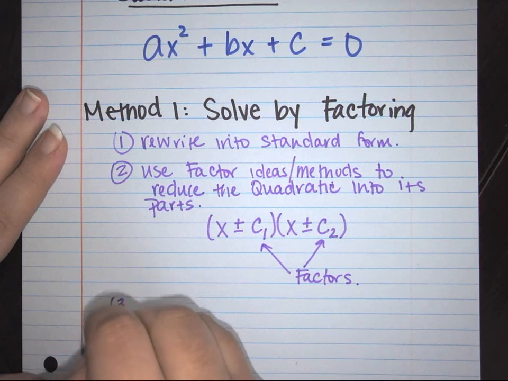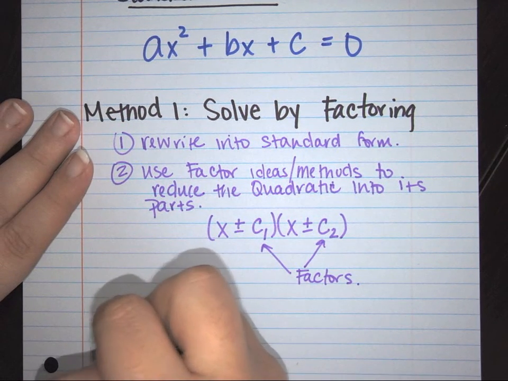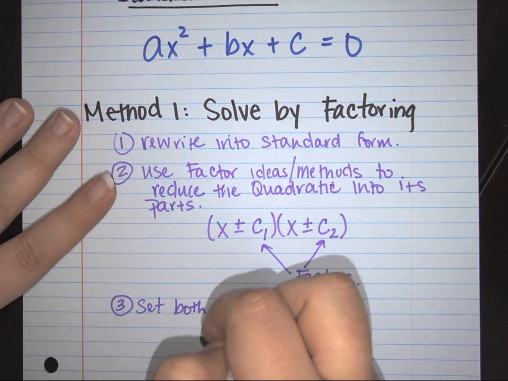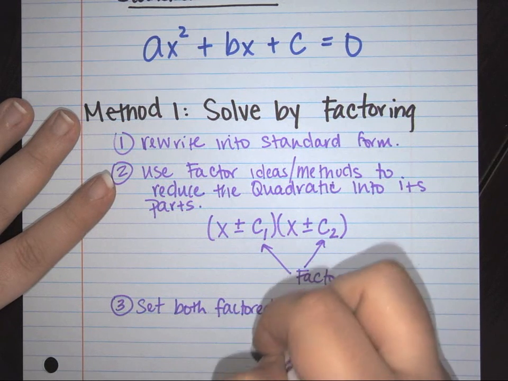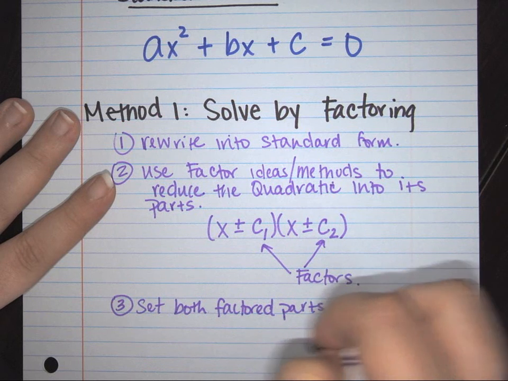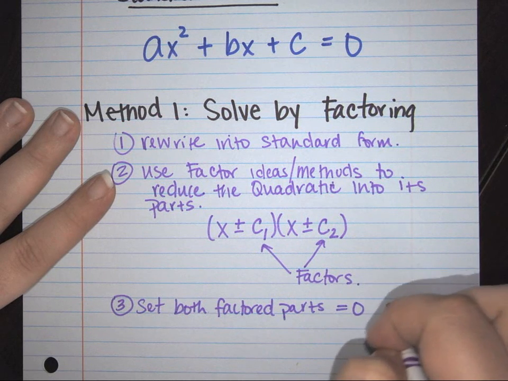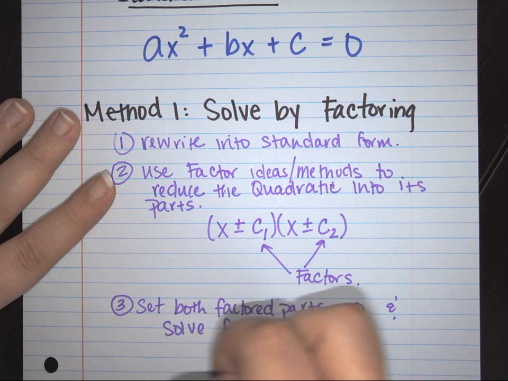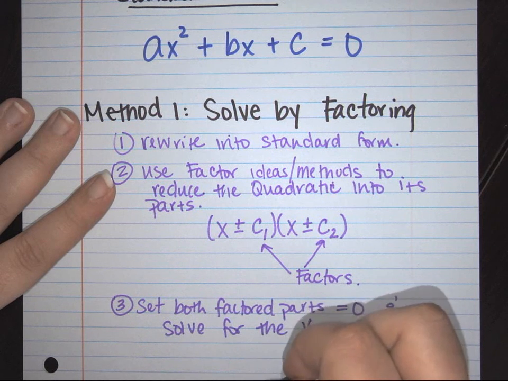Once you do that, your third step is you need to set both factored parts equal to 0 and solve for the variable.